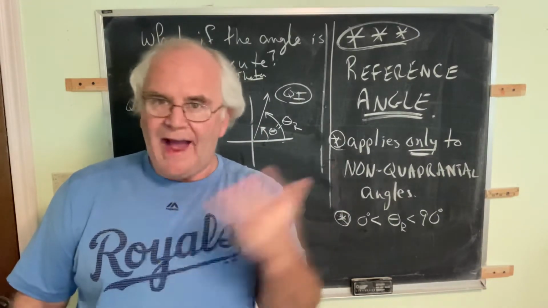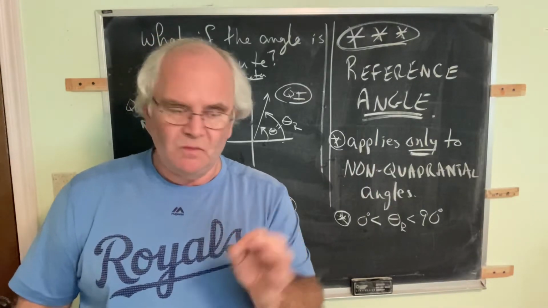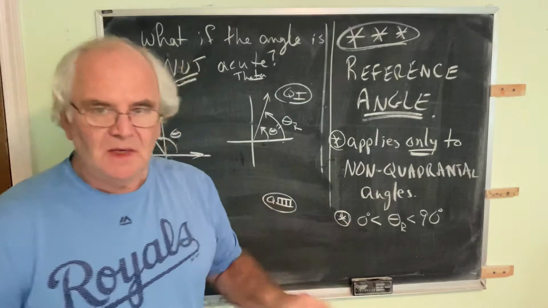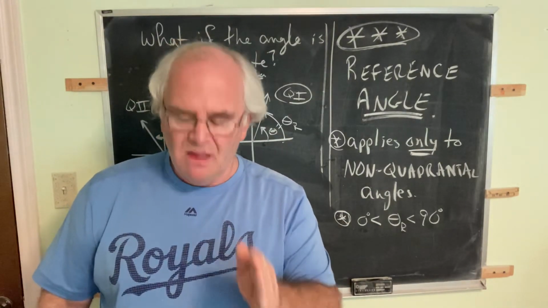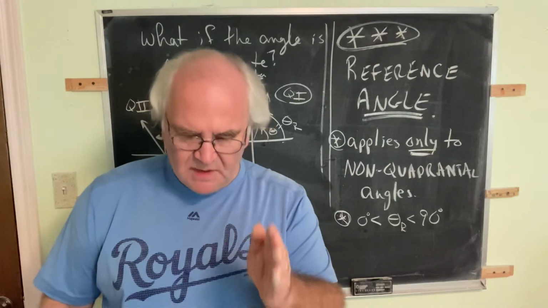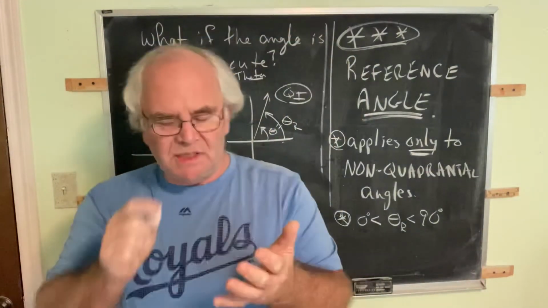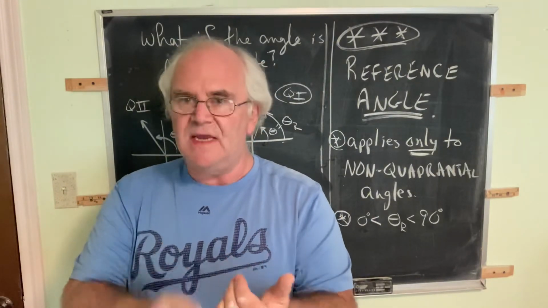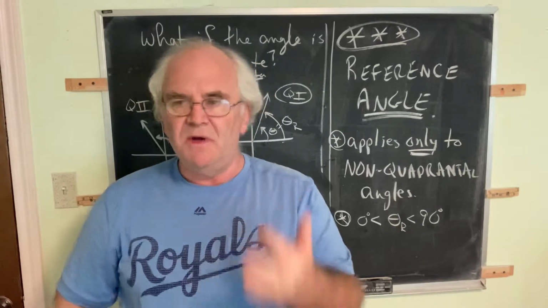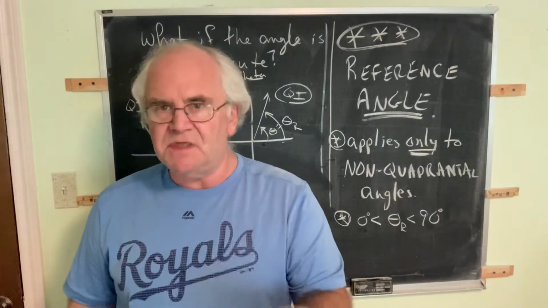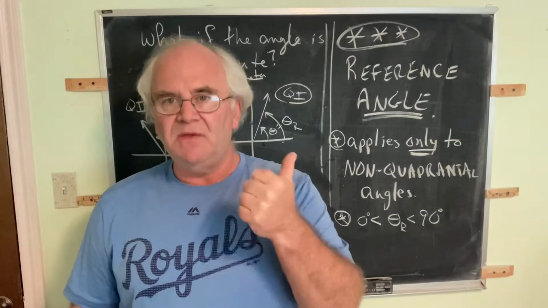Now, of all that, the biggest piece is this. Well, it's always acute. The biggest piece is this: theta reference never, and I mean never, touches the y-axis. The single most common mistake students make when they mess up the reference angle is they have the reference angle touching the y-axis.